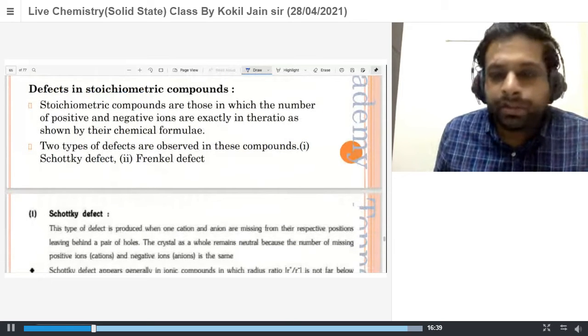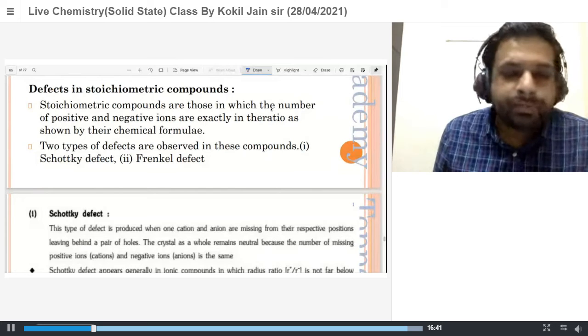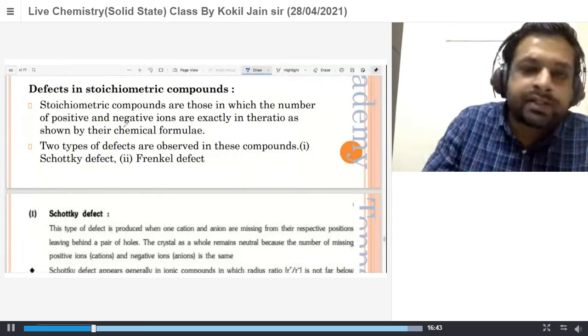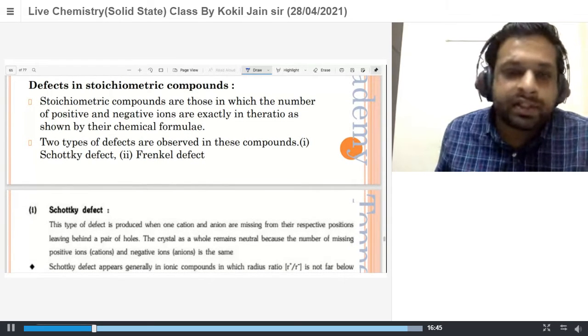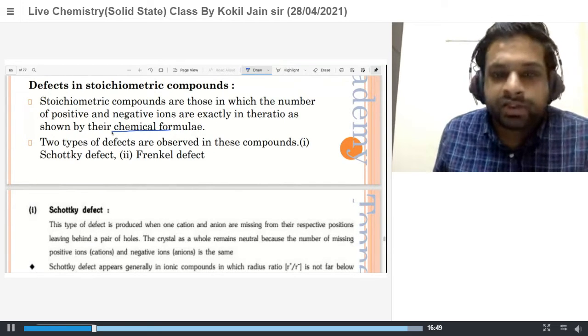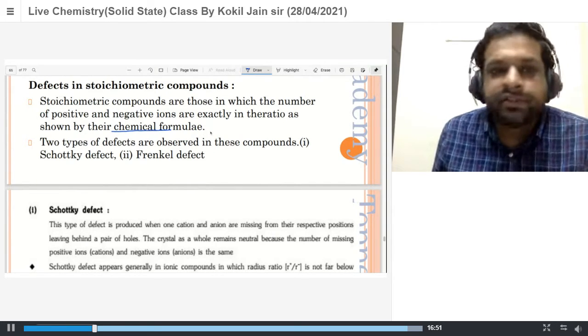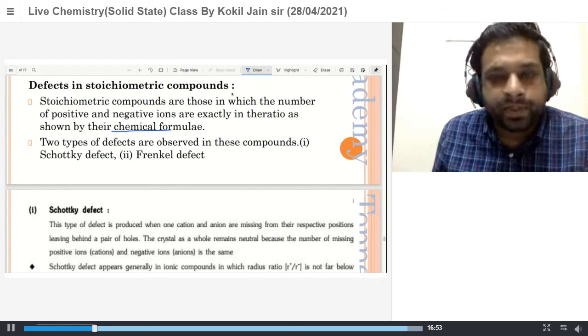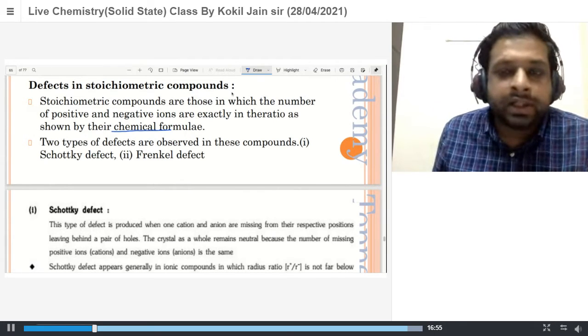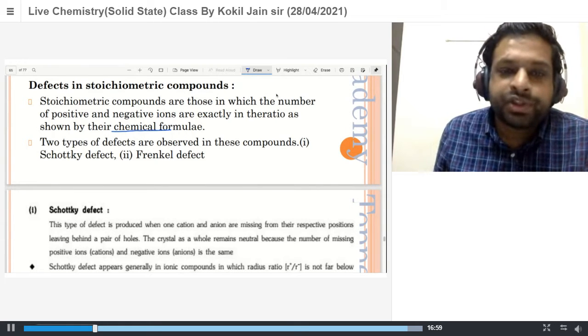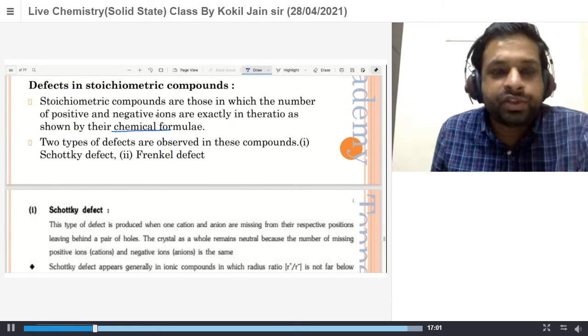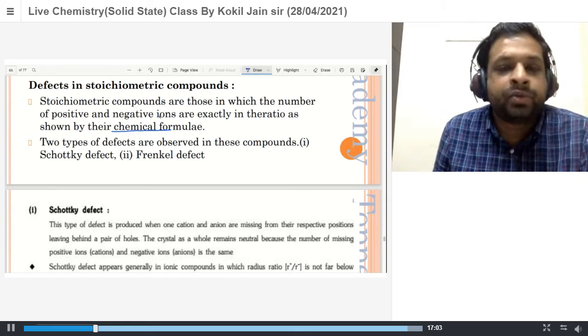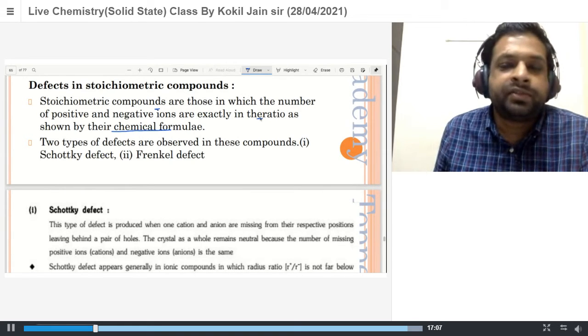Stoichiometric compounds are those in which the number of positive and negative ions are exactly in the ratio shown by their chemical formula. What we are saying here is there is a defect in the crystal, but the defect is such that the number of positive and negative ions present in that compound are exactly in the ratio as per their formula.